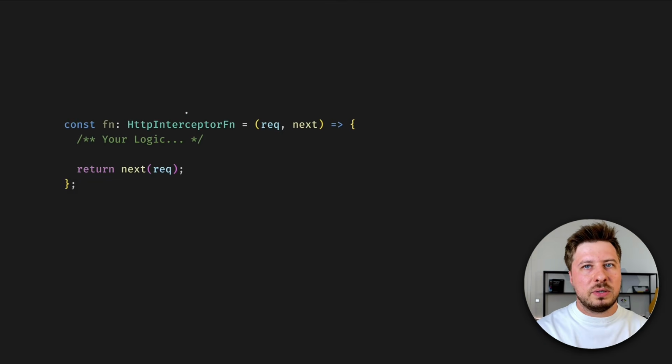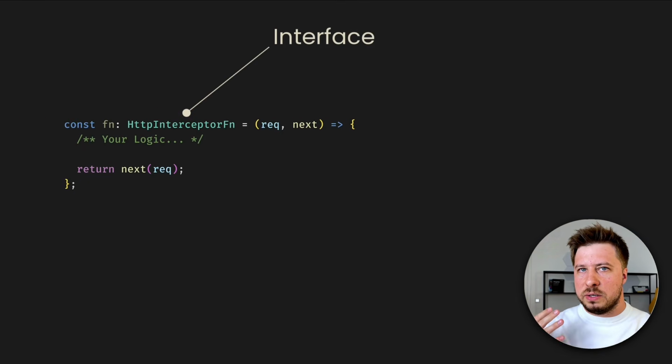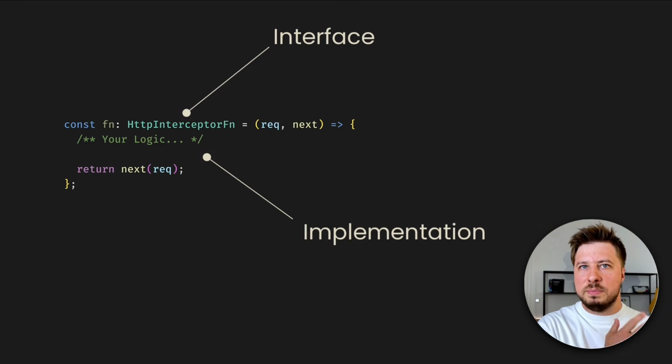Basically, this pattern consists of the handler interface, which in the context of Angular is represented as an interface with the name HTTP interceptor function, and each function that implements this interface contains the interceptor logic or implementation, right?